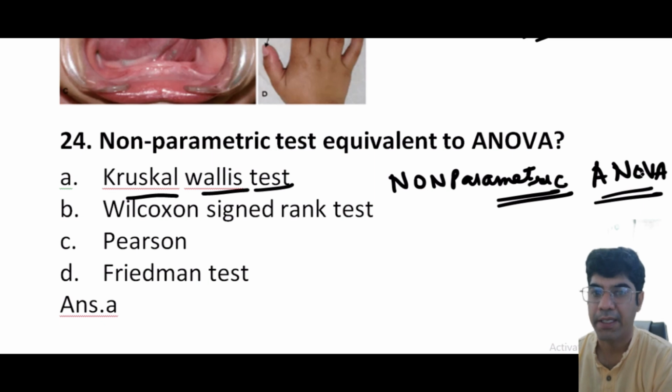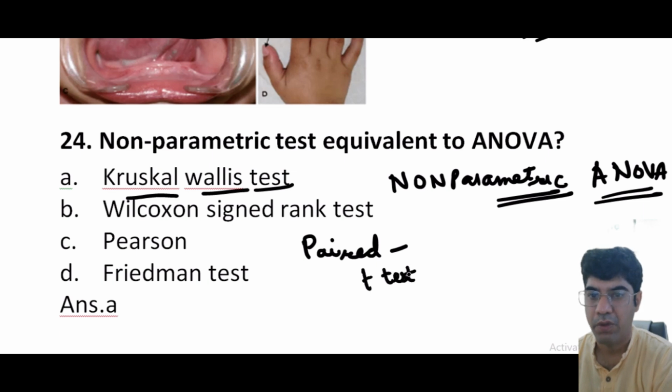So remember the parametric tests and their non-parametric equivalents. The paired t-test is equivalent to the Wilcoxon rank sign test.